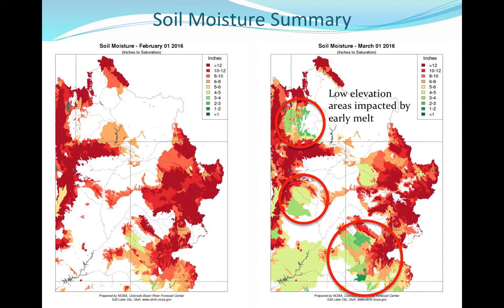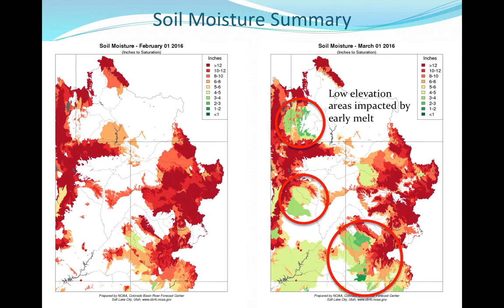That's not necessarily a good thing for our water supply forecast. This is just an indication that we're seeing some activity here that's saturating the soil. And in this particular case, that activity is early snow melt, particularly at lower elevations. So again, we're seeing some saturated soils here.